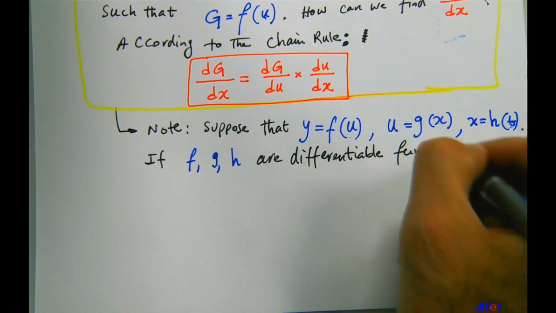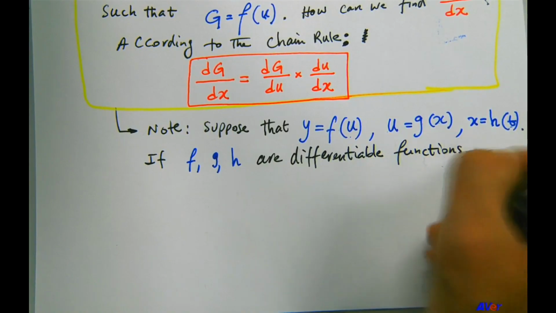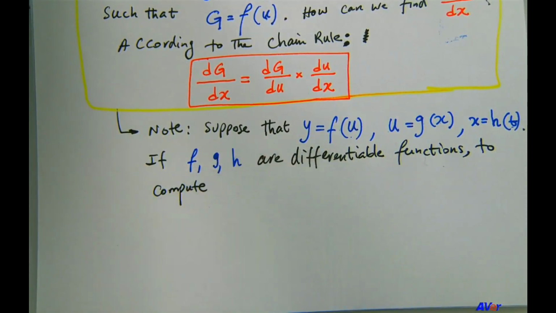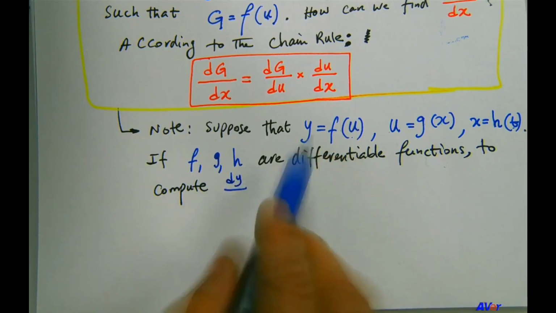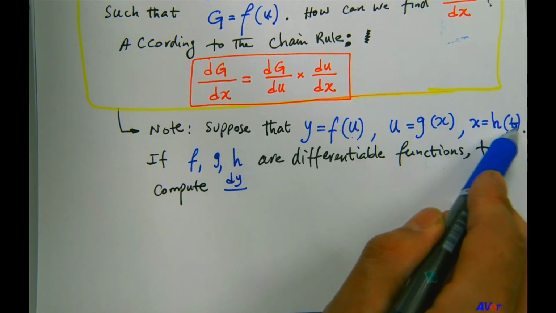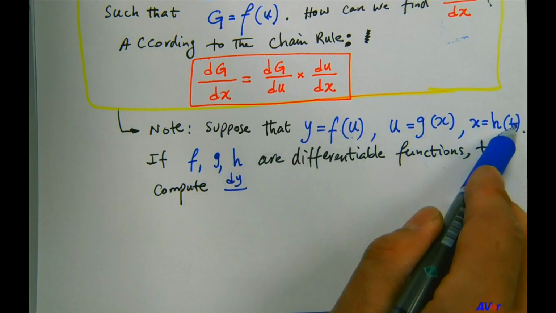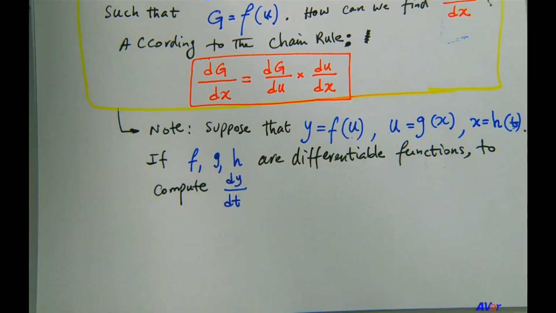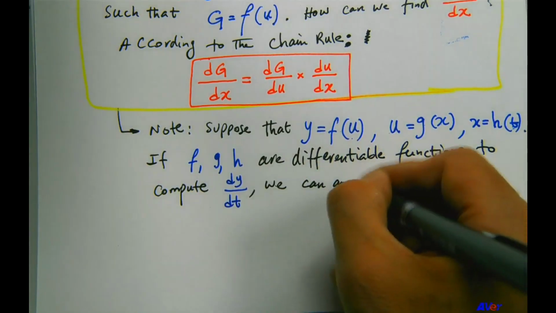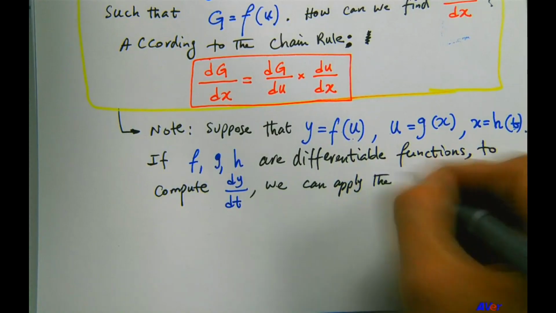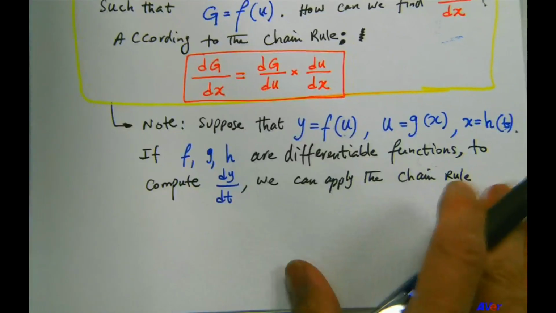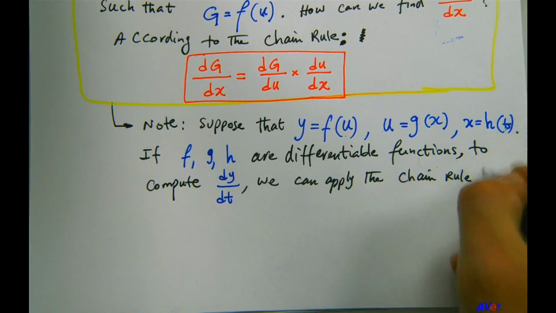Then to compute the derivative of y with respect to the variable t, dy/dt, we can apply the chain rule. We can apply the chain rule twice in this case.